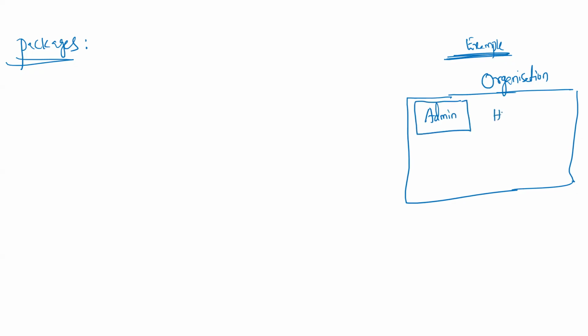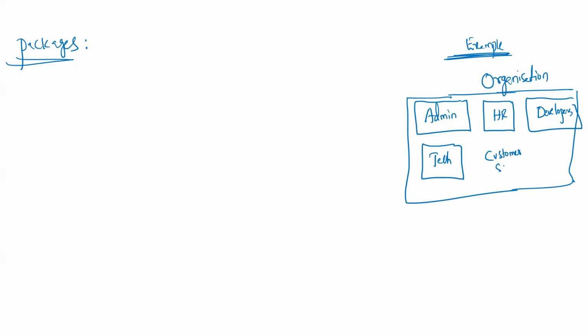Then there is an HR department, right? Then there is a developers department. Then there is tech support, we call it the technical department. And then there is a customer service department, something like this. Let us take that these are the various departments.